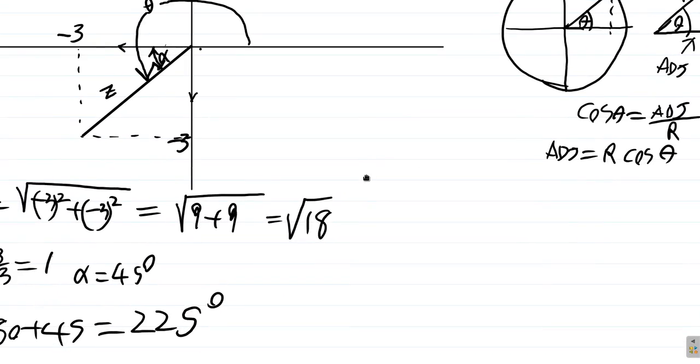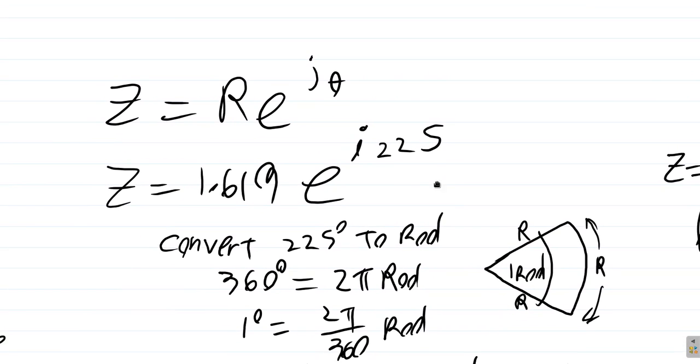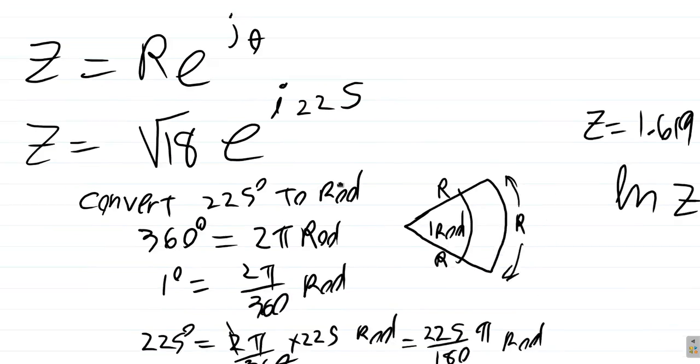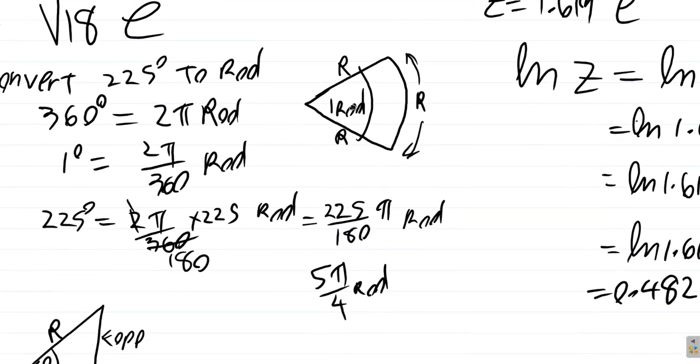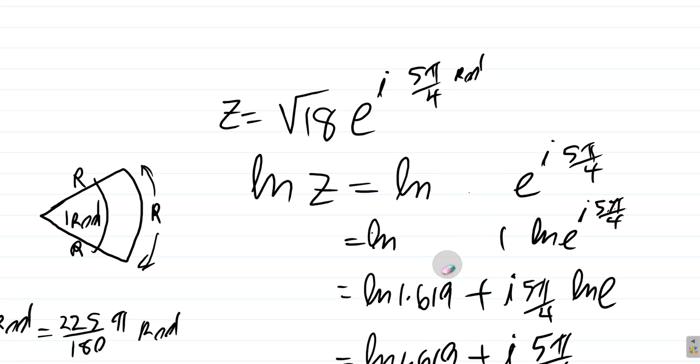I just realized, mistake there. The magnitude is the square root of 18. So all of these things should be the square root of 18, not 1.619.